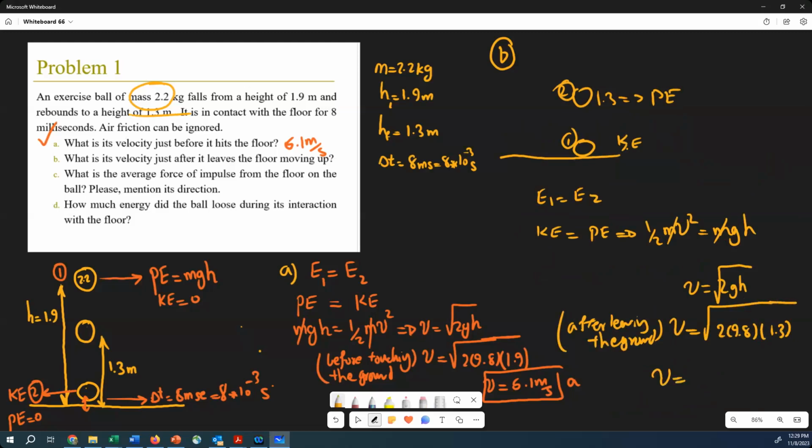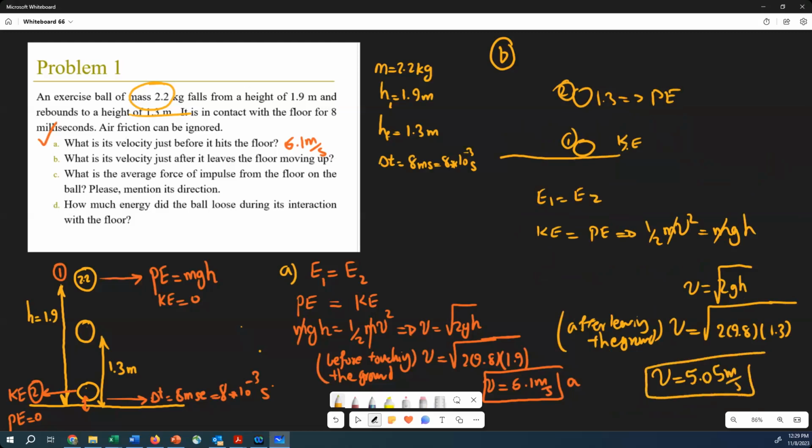So calculate the velocity here. 5.05, yeah, 5.05 meters per second.